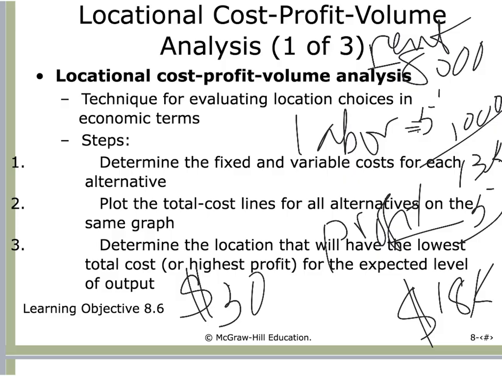So then, how many people need to come in the door each month? And the number of people represents the volume piece of the component. So it's $18,000 per month divided by $30 per customer. So you need to have 600 customers spending an average of $30 per month in order to generate total sales of $18,000. Is that possible?